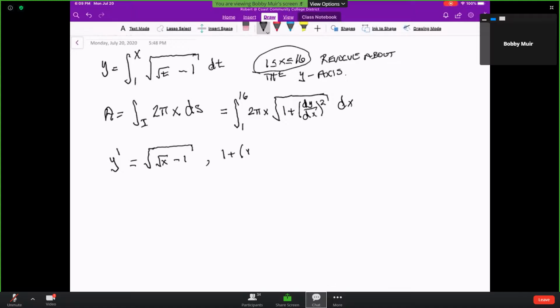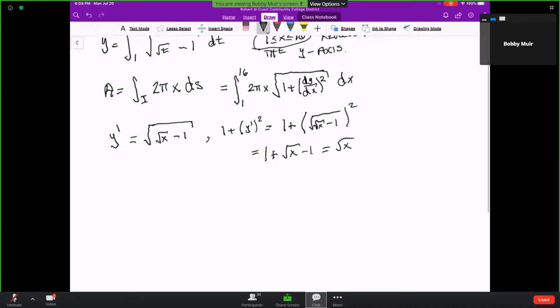So 1 plus y prime squared is equal to 1 plus this thing squared. So it's 1 plus the square root of x minus 1 squared, which is just x.